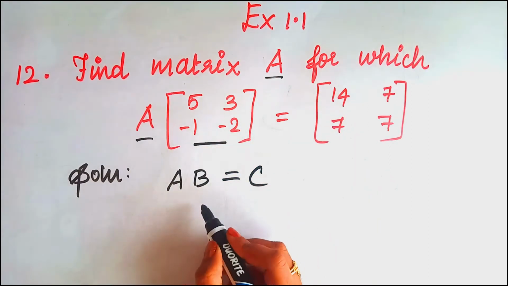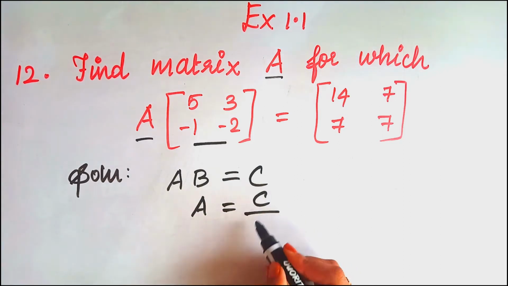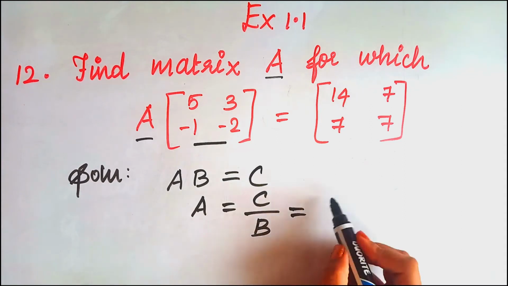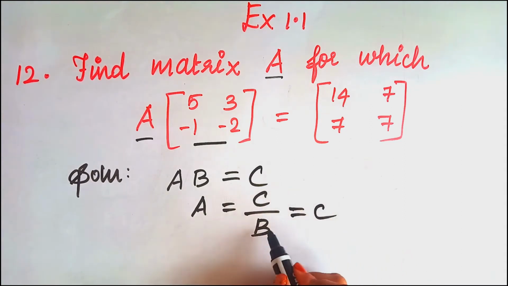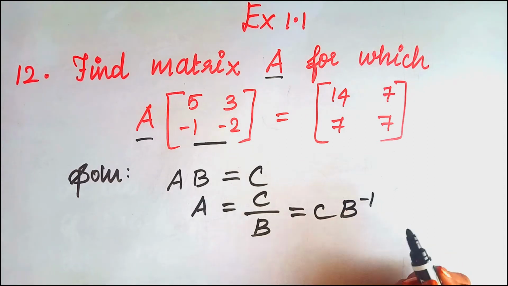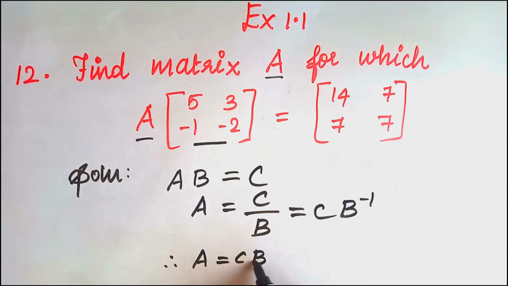So let's move B to the right hand side so that you will get C divided by B. If it's division, you can convert that into a multiplication by using the inverse symbol. So C into B inverse. Therefore A is equal to C into B inverse.